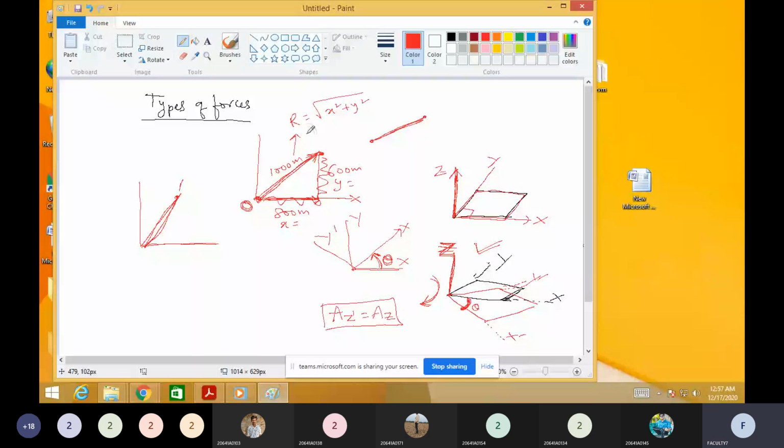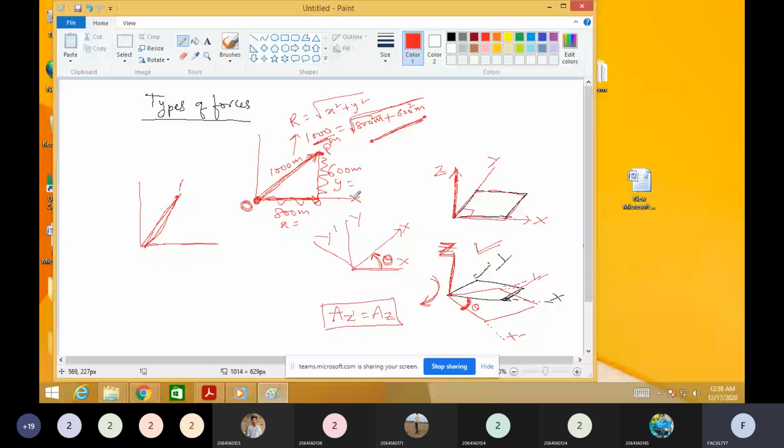You are taking 800 squared, the value you moved along the x-axis, and 600 squared, the value you moved along the y-axis, and you get the result as 1000 meters. What is the 1000 meters? It is the shortest distance from point O to point P, the starting point to the ending point.